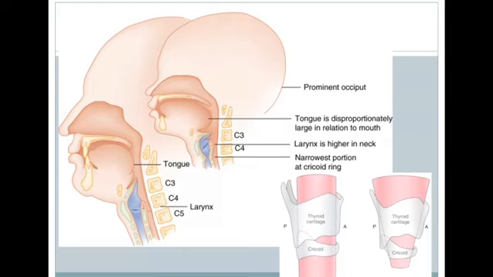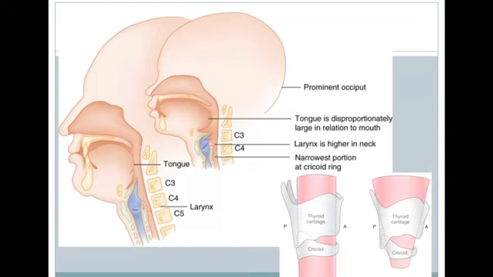Let's start with oral anatomy. In the oral cavity, because of the smaller size of the jaw and the relatively well-developed tongue, the airway in the very young, like the newborn up till a few months of age, is naturally obstructed in the oral cavity.